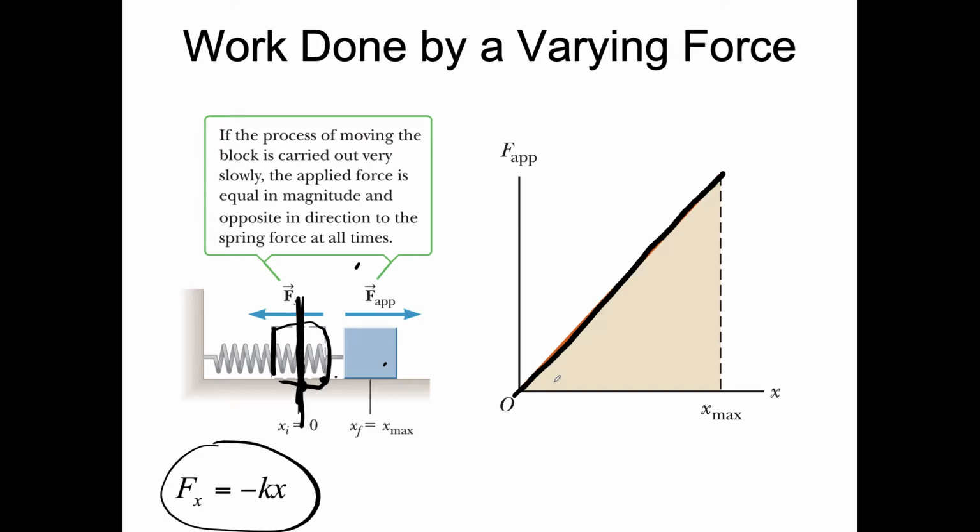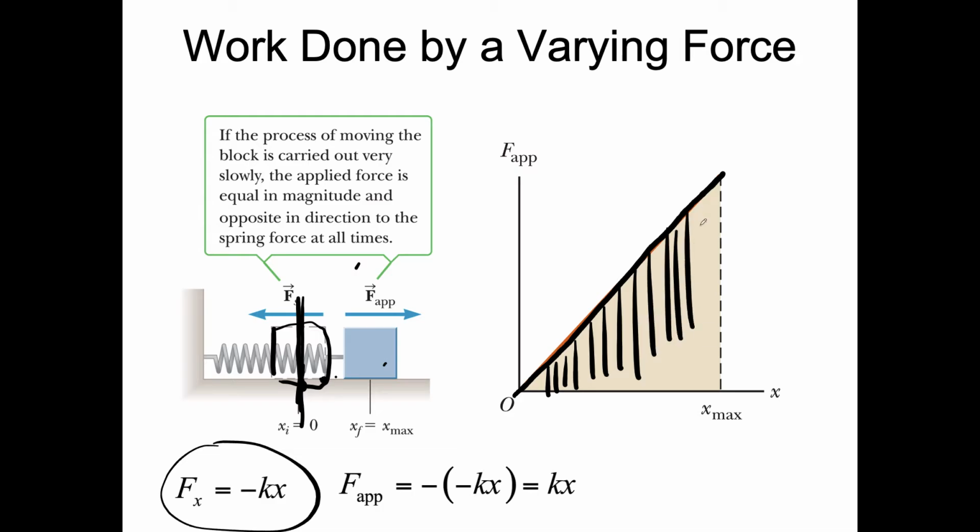And now we also learned that the area under this curve gives the work done. So what will be the area of this shape? We know this is x. We know this force is kx.